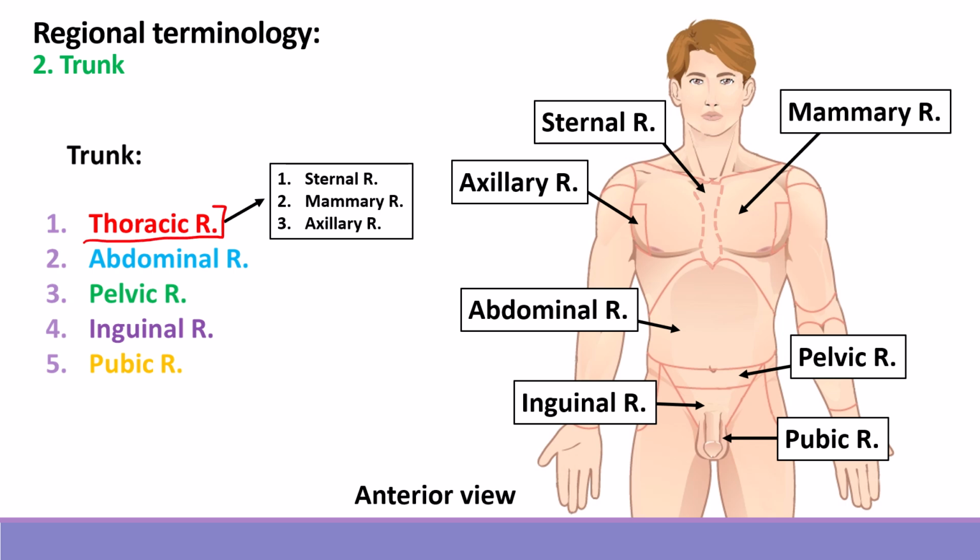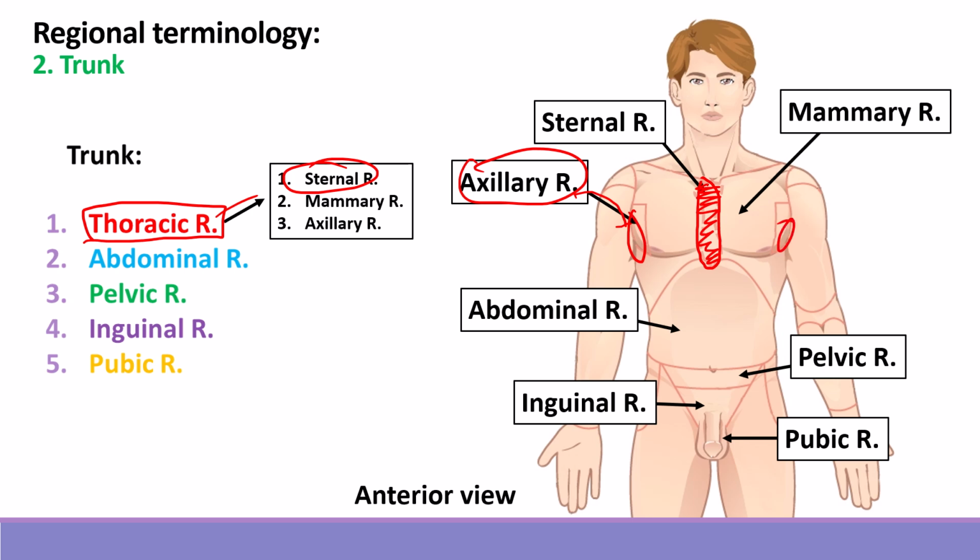Thoracic region can be subdivided into sternal region, which is in the center. Sternal region is also the area where you're going to find the sternum, which is a bone. So sternum, sternal region. Mammary region is where the mammary gland is located in females. Sometimes the mammary region is also described as a pectoral region in male. And axillary region is what we commonly call the armpit, right?